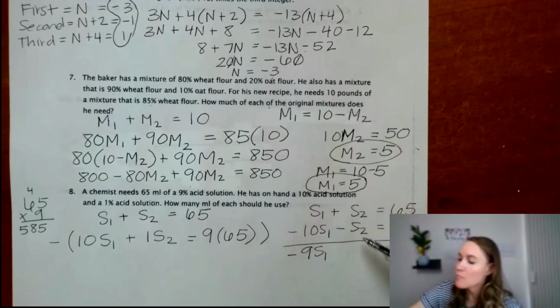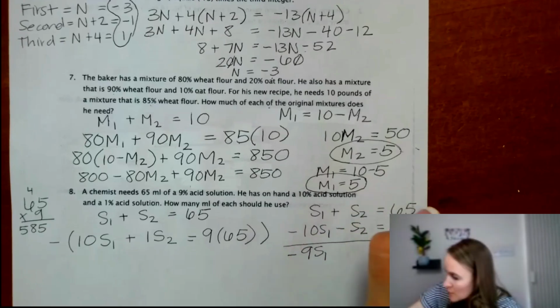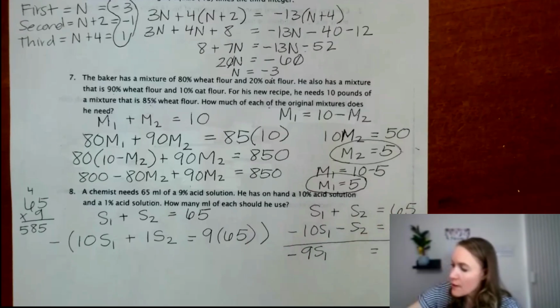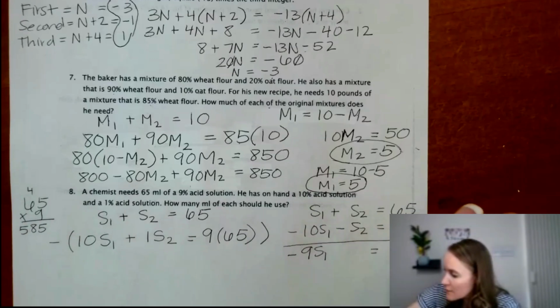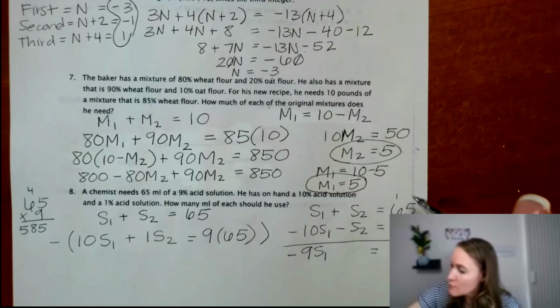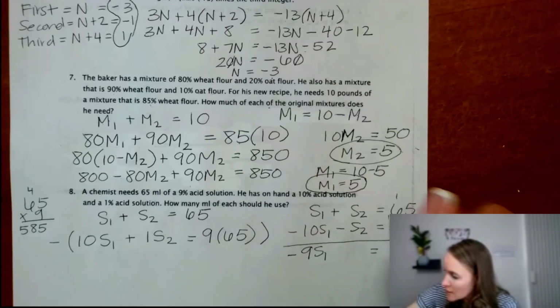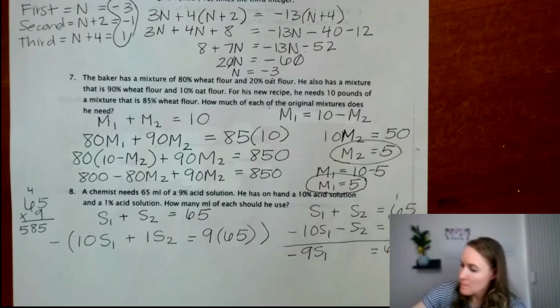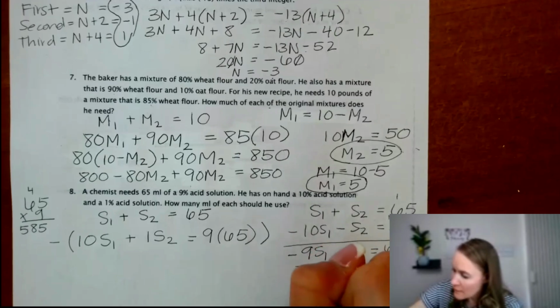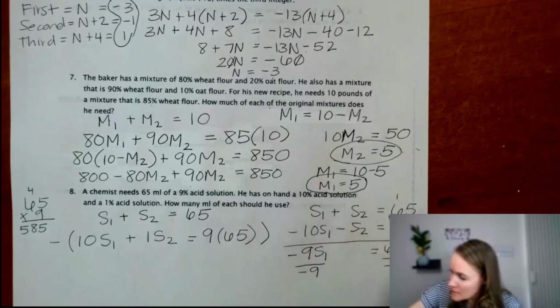The solution 2 minus solution 2 is 0 equals 65 plus 585. So 5 plus 5 is 10. 6 plus 8 is 14. 14 plus 1 is 15. And then 1 plus 5 is 6. Divide by negative 9 on both sides.